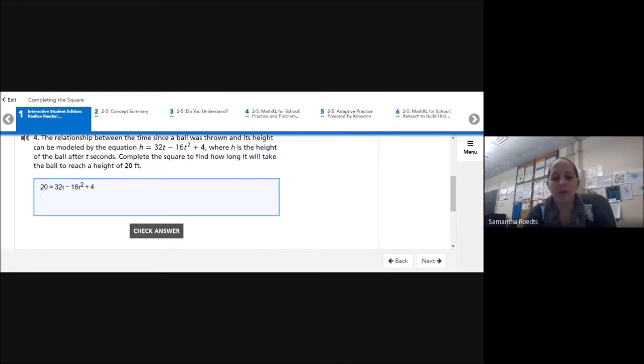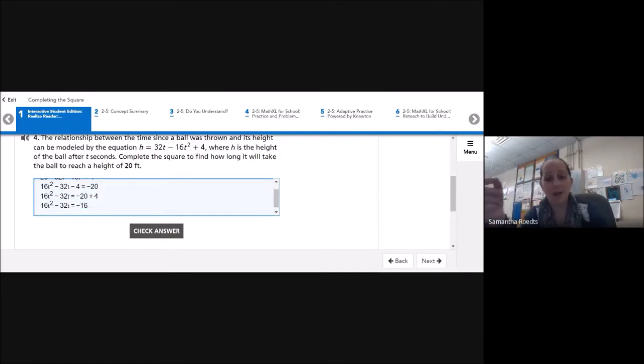So I'm going to move the 16t squared, and I get 16t squared minus 32t minus 4 equals negative 20. I'm going to add 4 to both sides. 16t squared minus 32t equals negative 20 plus 4. So that gives me 16t squared minus 32t equals negative 16.